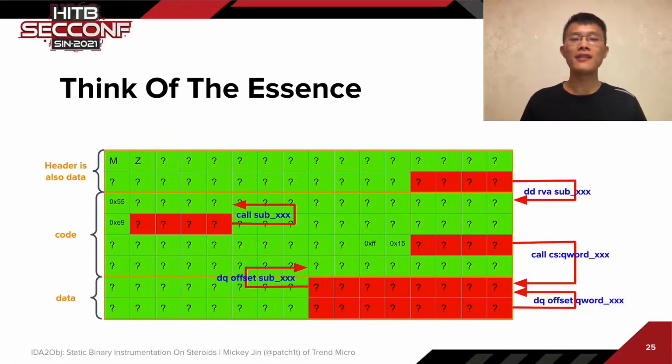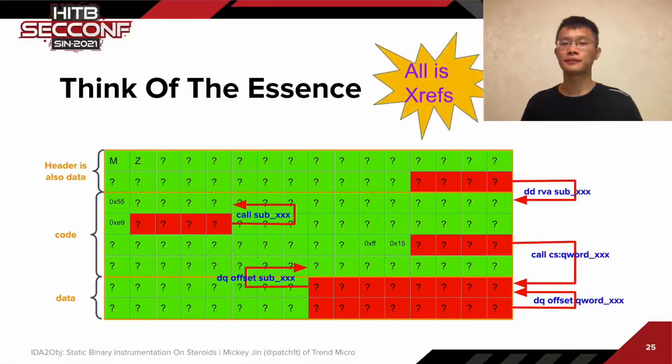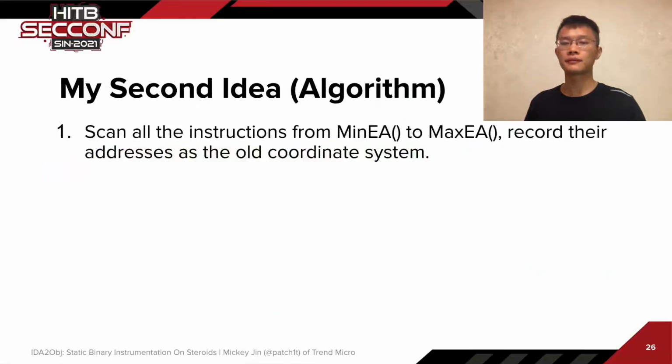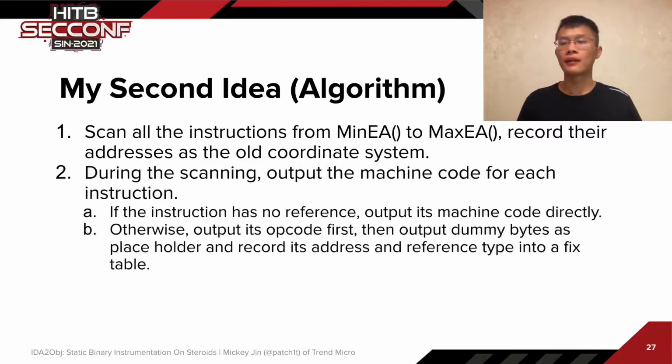So this is my second idea. Scan all the instructions from the minimal address to the maximum address and record their addresses as the old coordinate system. Then during the scanning, output the machine code for each instruction. If the instruction has no reference, output its machine code directly.